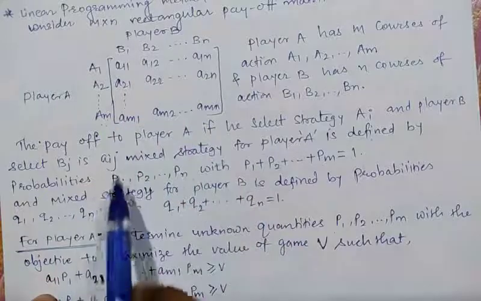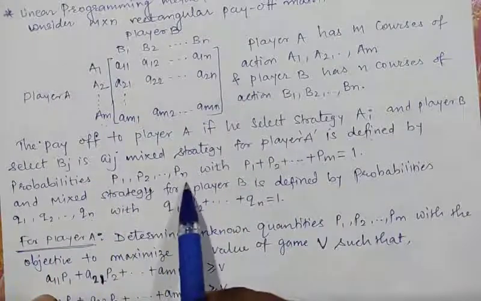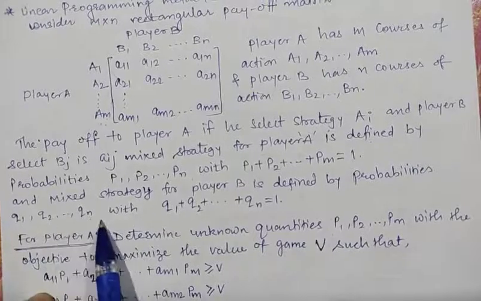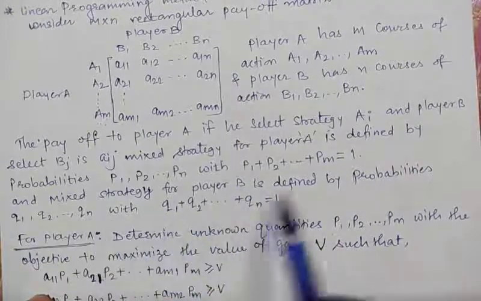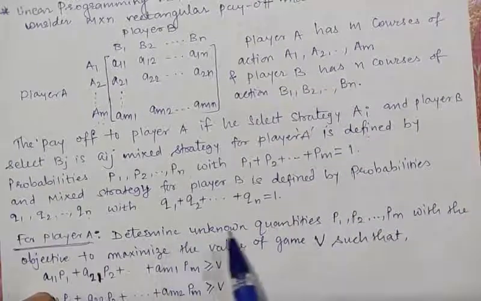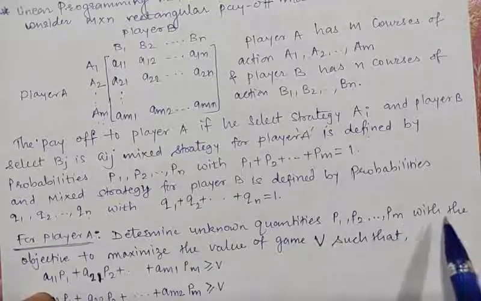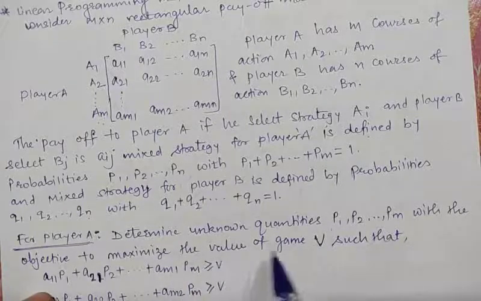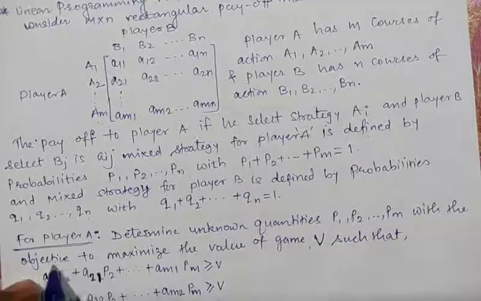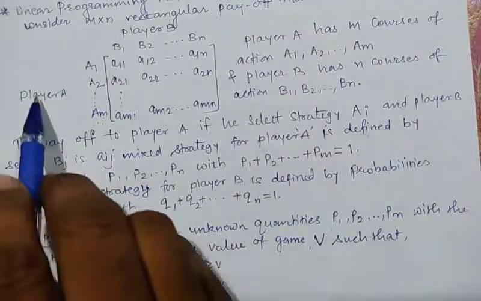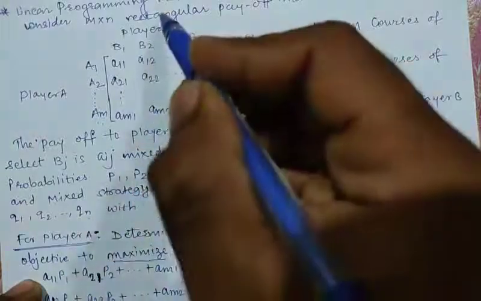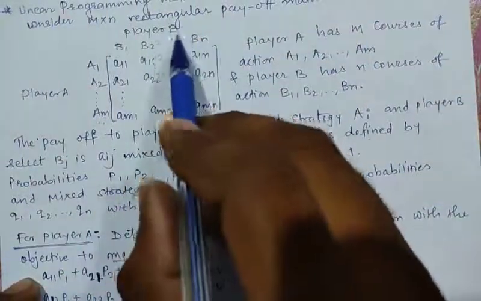For player A we have the quantities p1, p2, up to pm, and for player B we have the quantities q1, q2, up to qn, with the sum of probabilities equal to 1. Let's always remember this. Now we determine the unknown quantities p1, p2, up to pm with the objective to maximize the value of the game V. Remember, for player A the objective function is always maximize, and for player B the objective function is always minimize.